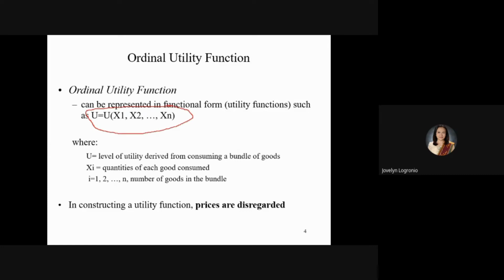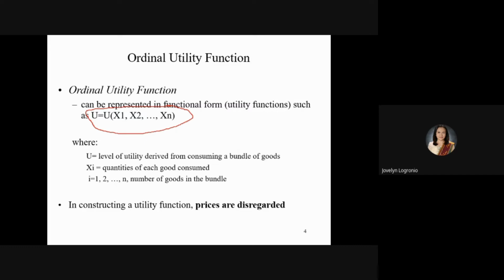So U, we denote utility as U. U is a function of x1, x2, x3 hanggang xn. So itong mga x dito, that's the quantities of each good consumed.